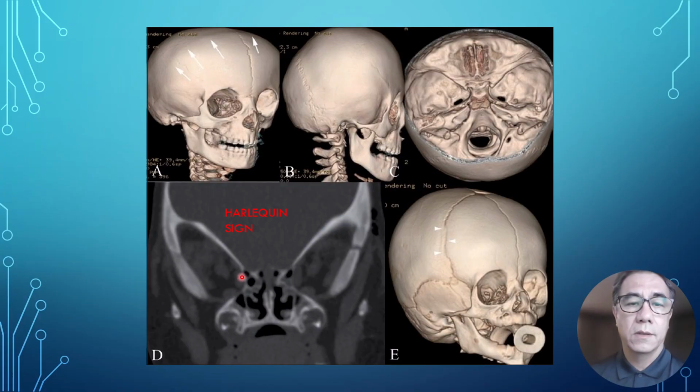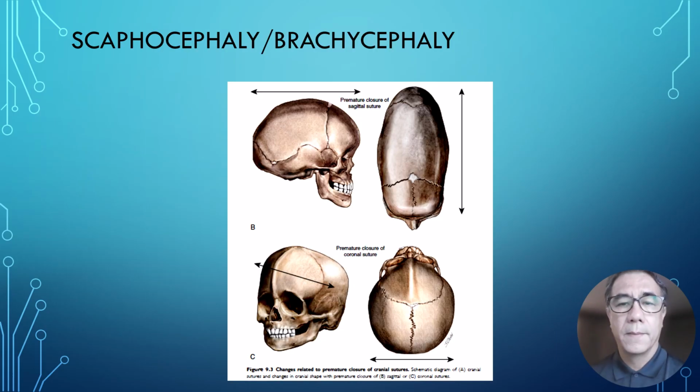And this is one more sign of craniosynostosis, the Harlequin sign, wherein the orbital bones are stretched almost like ET in appearance. So scaphocephaly, brachycephaly.